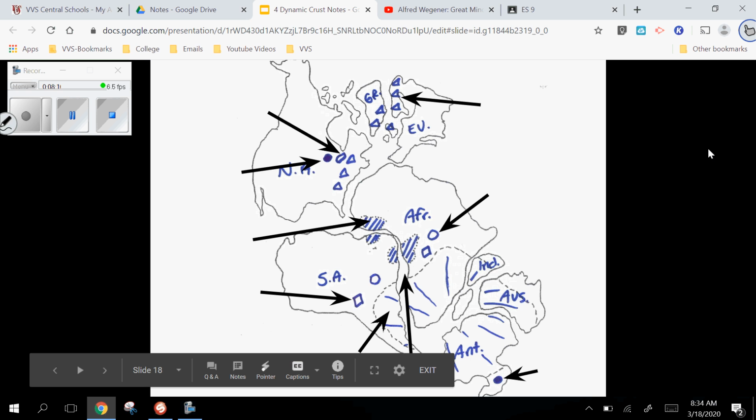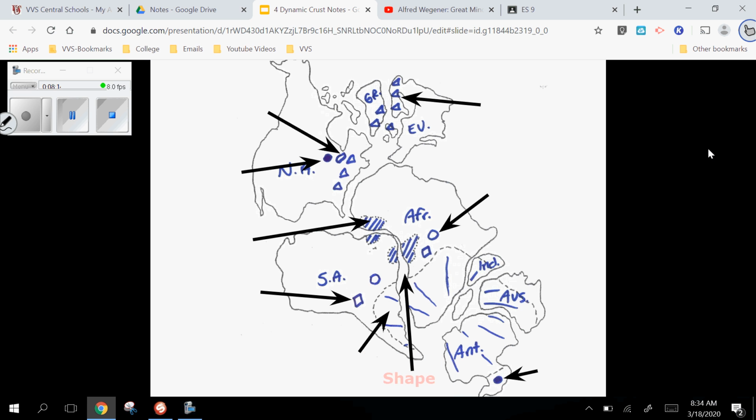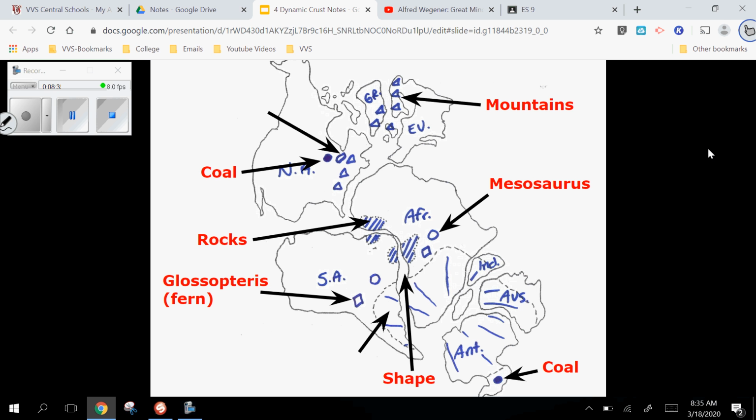Taken individually, those little things I've been talking about might not mean a whole lot. But when you put the shape of the continents, and fossils, animal and plant fossils that match up, and mountain ranges matching up, and rocks having similar composition and similar ages on different continents matching up, and we look at coal deposits in different locations, and we find limestone where we shouldn't find it, coal where we shouldn't find it.